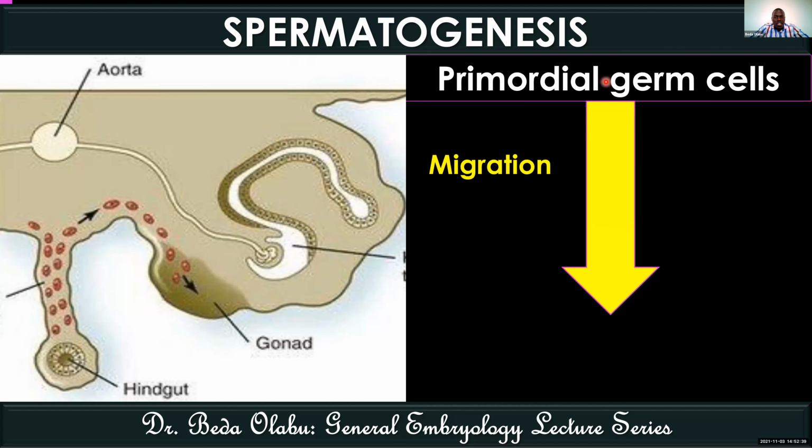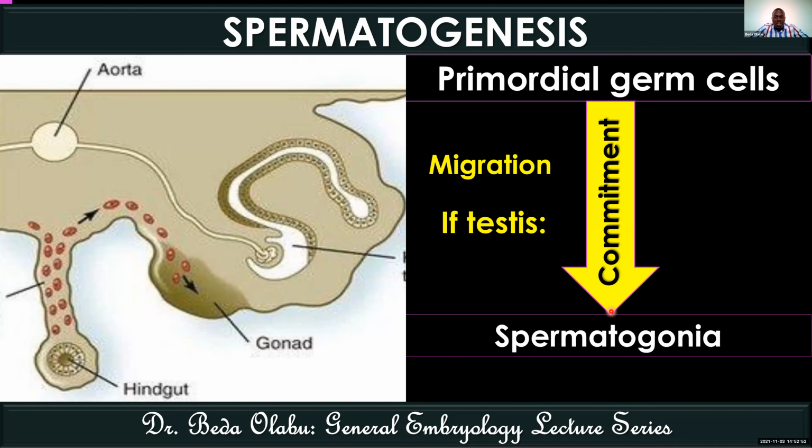If the indifferent gonad becomes a testis, then these primordial germ cells will become the stem cells of forming sperms, which we call spermatogonia. So spermatogonia here are the sperm stem cells.